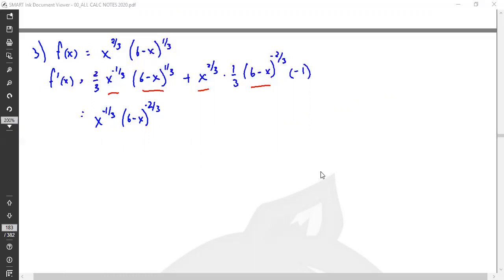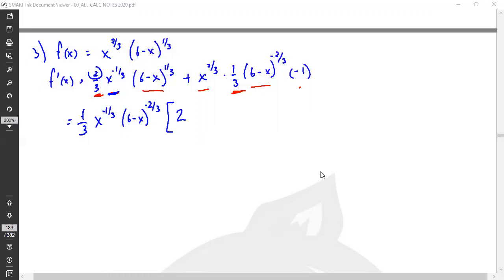I'm also going to common factor out, I have a factor of 2/3 here. I have a factor of negative 1/3 here. I'm going to also common factor out 1/3. And what does all of that leave me behind with? In this first term, it leaves me behind with 2 from here. This term here is gone.